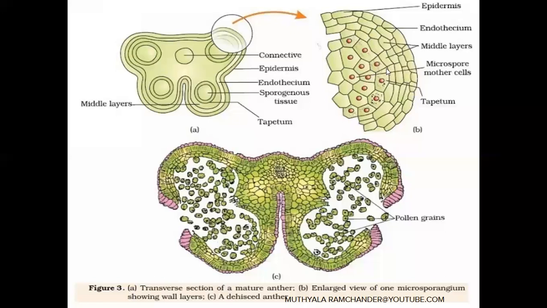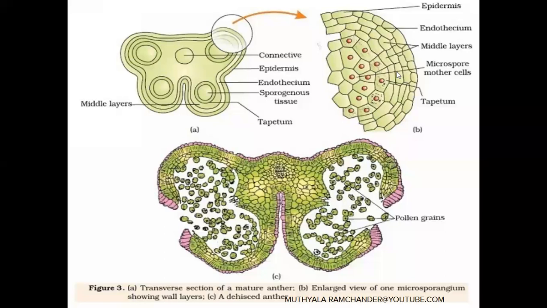Amoeboid tapetum contains only a periplasmodium layer around the tapetum cells. Whatever it may be, glandular tapetum cells or amoeboid tapetum cells, both contain nutrients. Those nutrients are supplied to microspore mother cells.